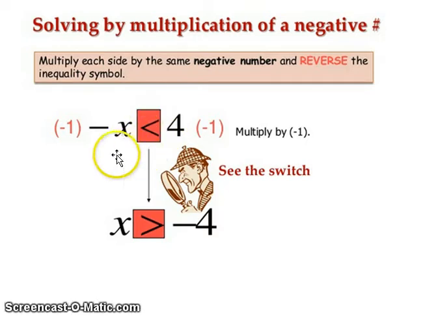When we want to isolate this variable and make it a positive x, we're going to be multiplying by a negative 1. When we multiply or divide by negative numbers, this inequality sign will switch. So in this case, it goes from less than to greater than. You can see the switch right here. The same rule applies in that whatever we do to the left, we do to the right-hand side.